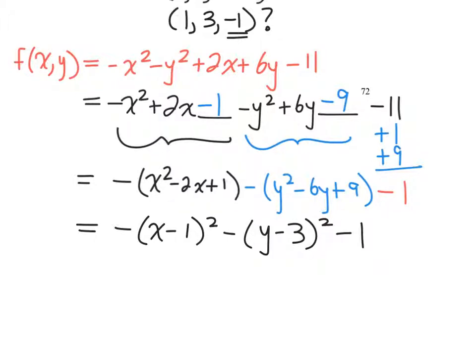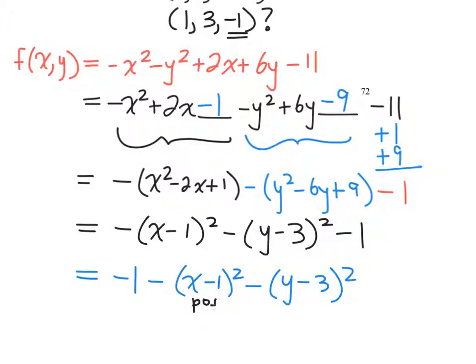What I'm doing here, and I'll write it slightly differently, I'm taking -1 and I'm subtracting something that's positive, and then subtracting something else that's positive. This is a positive number. This is also a positive number.